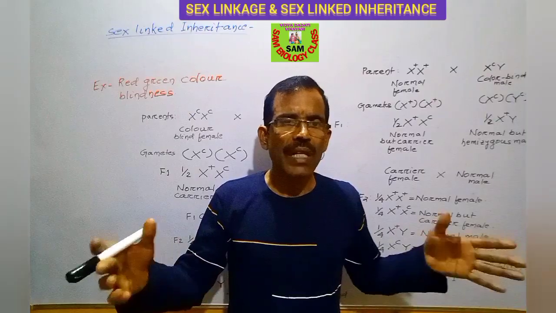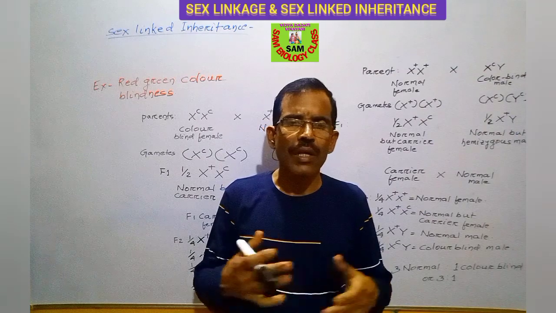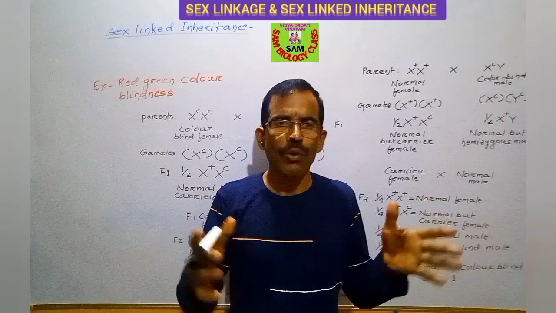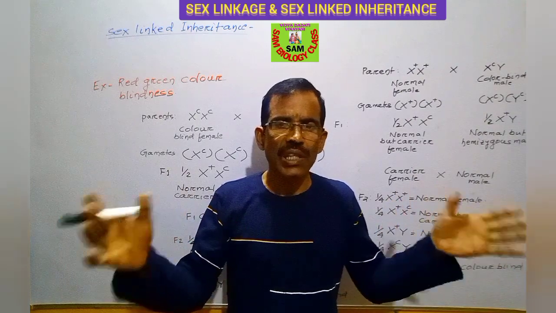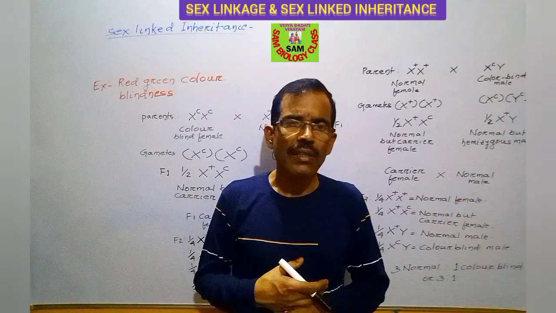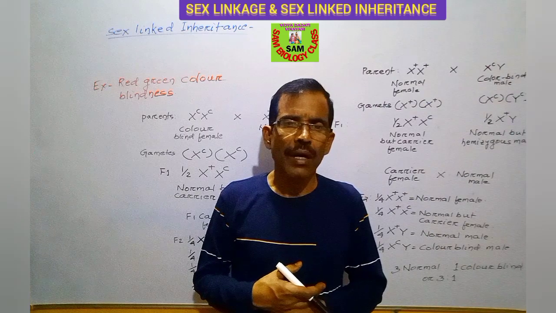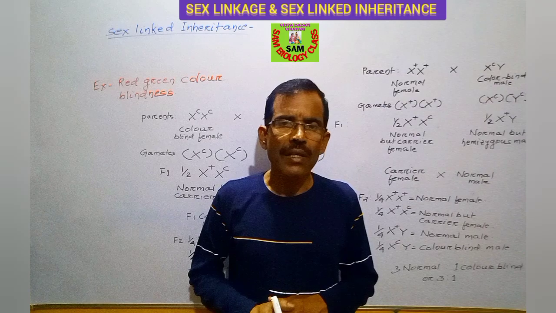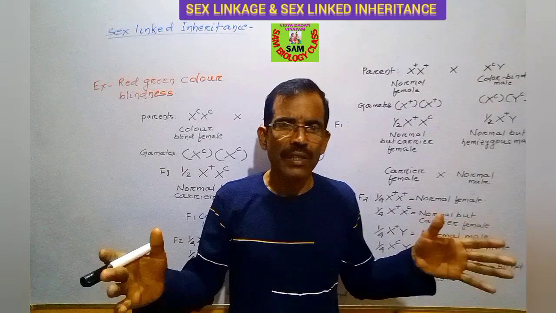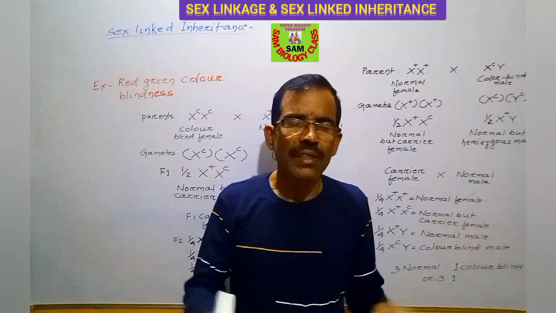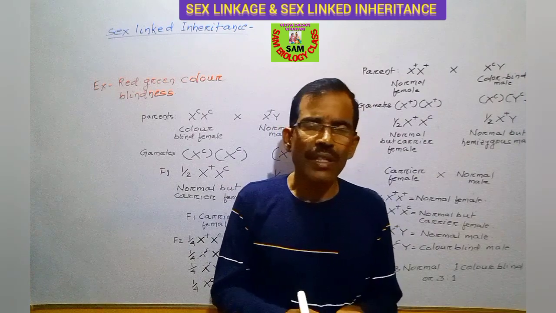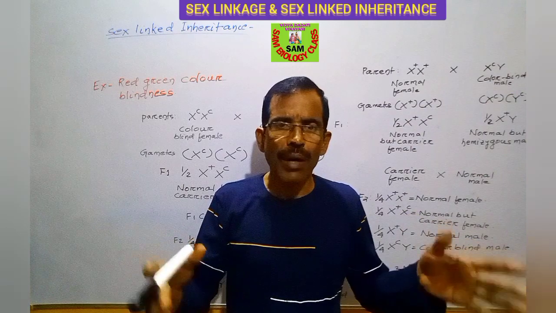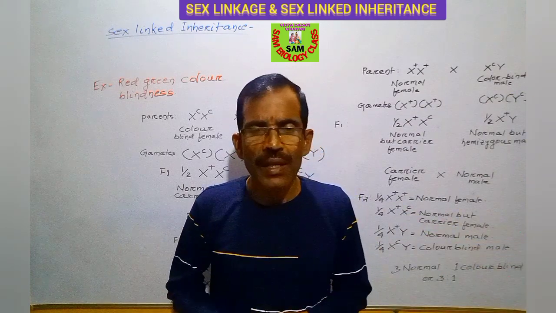As previously mentioned, genes that are located on the differential region of sex chromosomes are known as sex-linked genes, and the characters determined by them are sex-linked characters, and their inheritance is referred to as sex-linked inheritance, which is different from the inheritance of characters determined by autosomal genes.